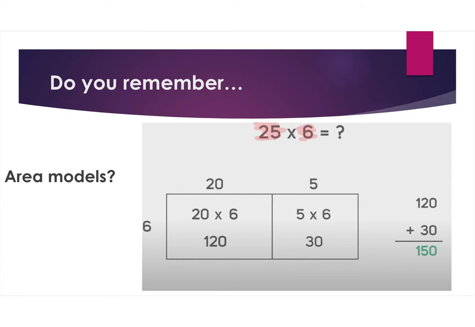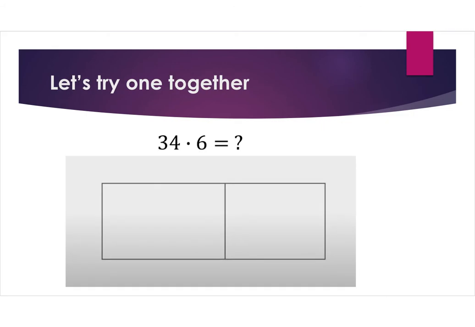So essentially this is 20 plus 5 times 6. So you took the 20 and the 6 and multiplied them, and you got 120. 5 and the 6 you multiply them, and we get 30, and then we add them together for an answer of 150.